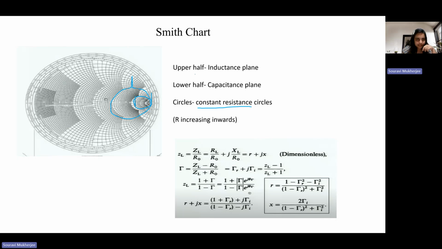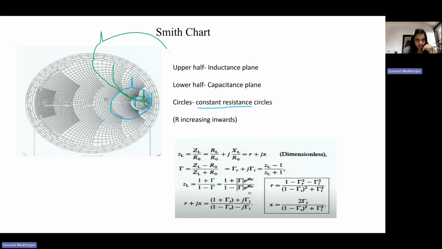While if you look at arcs like this, you have many such arcs, and all these arcs are basically part of a bigger circle.